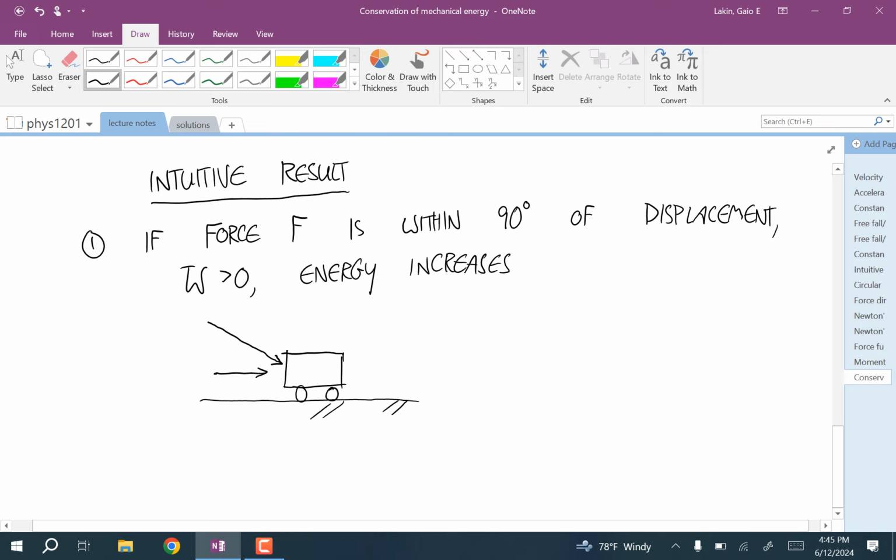This is a case where we're saying that a force like this increases the energy. Well, yeah, if this thing is moving to the right and you apply a force that has a leg of the right triangle that's to the right, okay, then that force is going to cause this to speed up, and that means the energy increases.